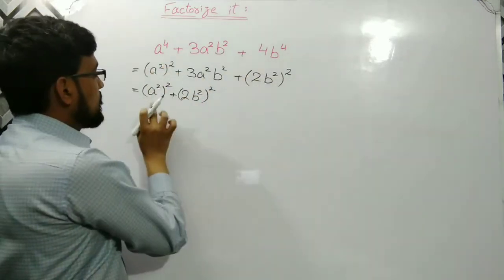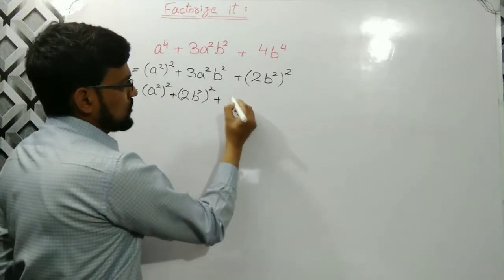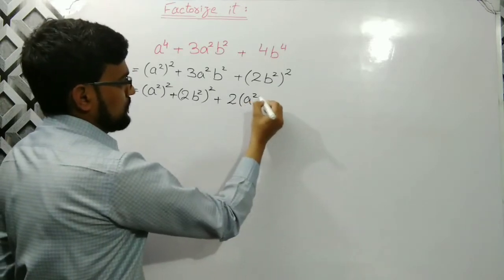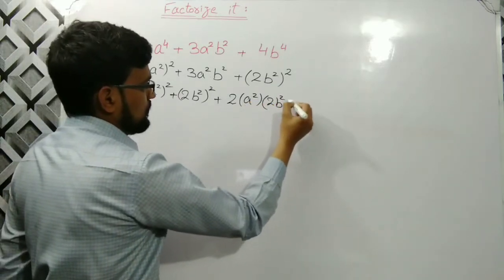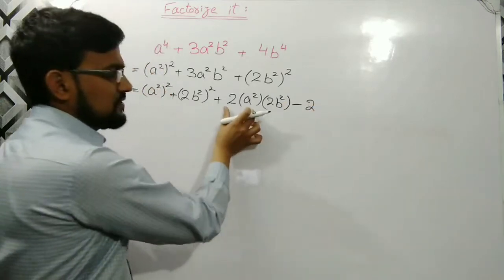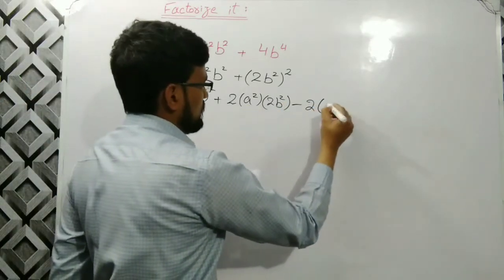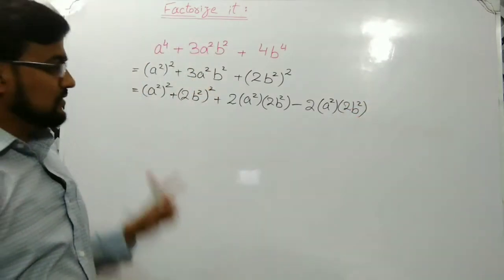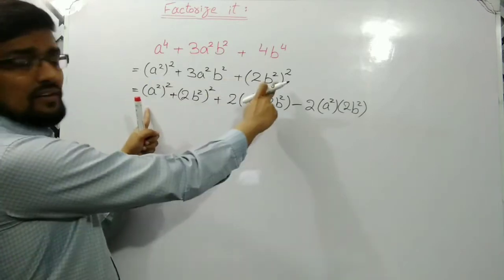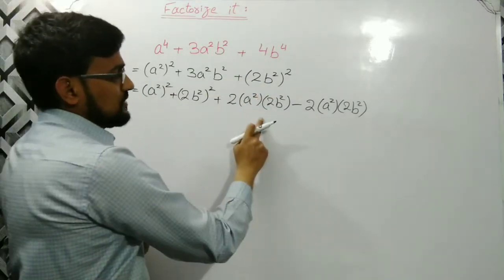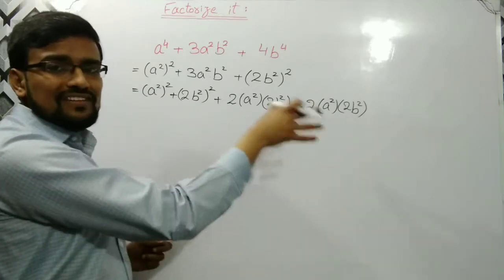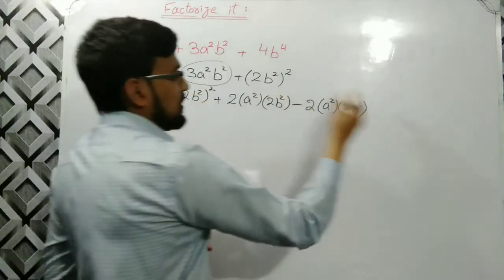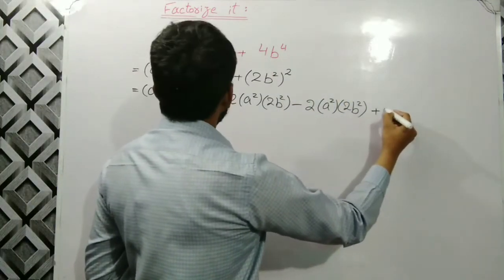Only these two terms, a square plus b square plus 2ab, minus this term, again write in form. Okay, these two terms are given here. With these two terms we use plus minus for the external term, and this third term we write at the last.